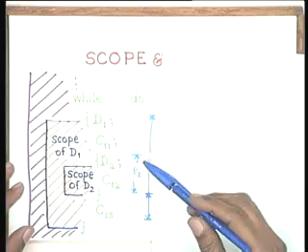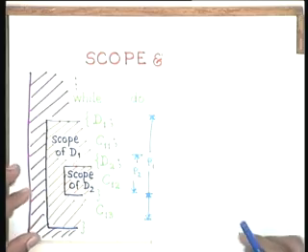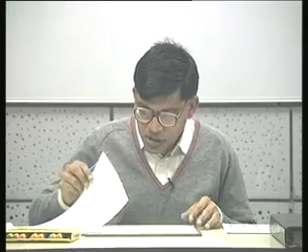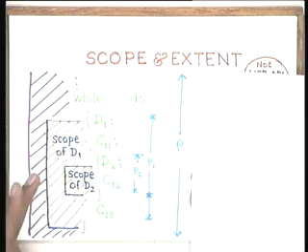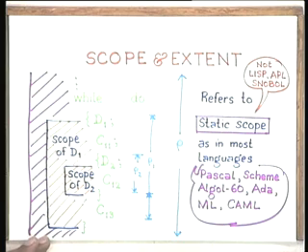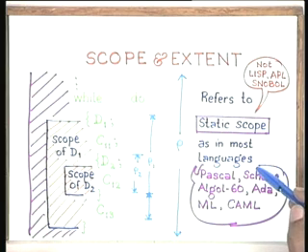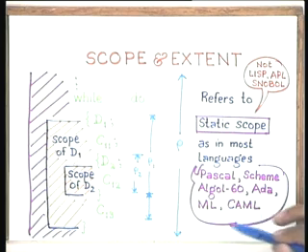Scope really refers to the program text over which declarations are usable, right. What we are looking at is the notion of static scope. This example shows you what static scope is about, and static scoping is what is followed in most languages like Pascal, Scheme, Algol 60, Ada, ML, Camel.